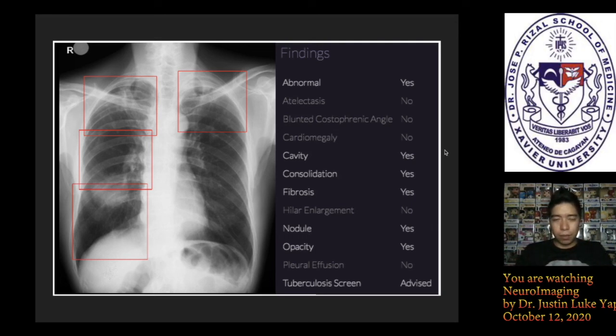So always remember that with the right training, if you really develop it, our brains are much more capable of doing a lot of computing and calculating that can easily defeat these AI software. So now let's go to our topic, neuroimaging.